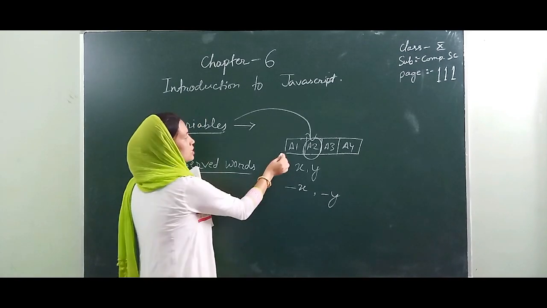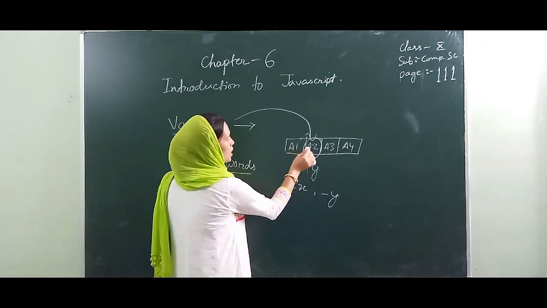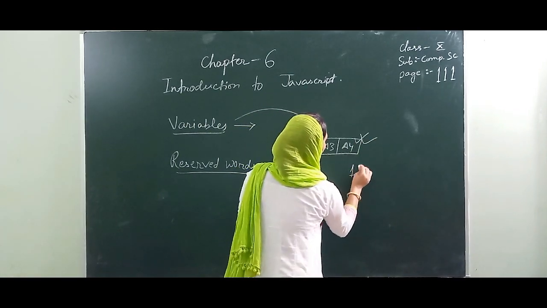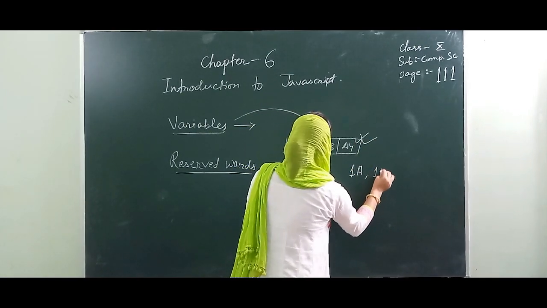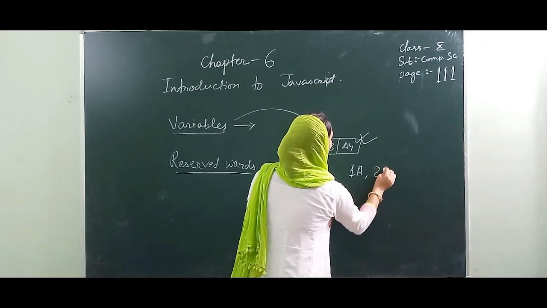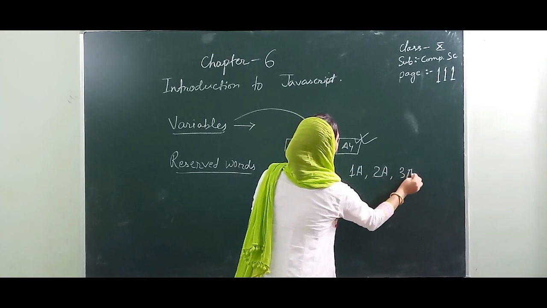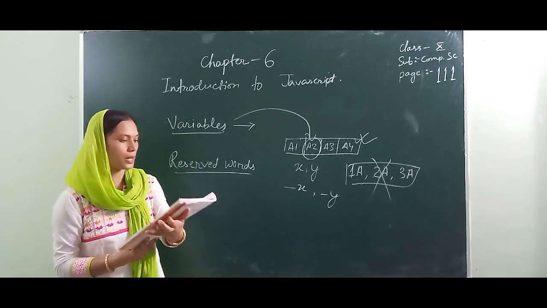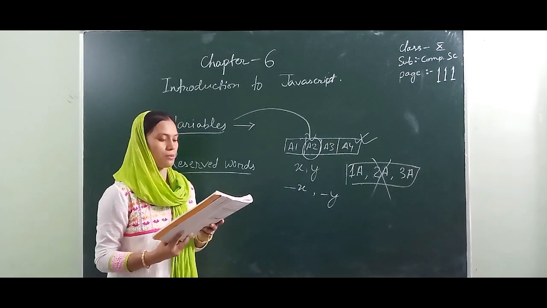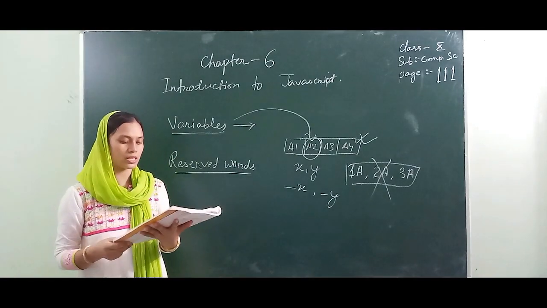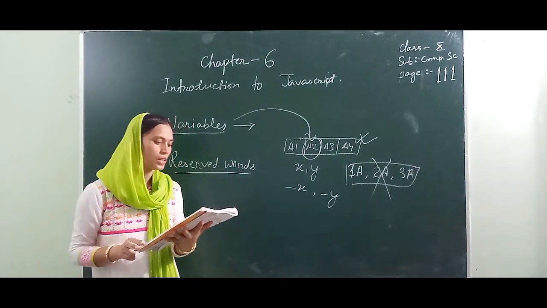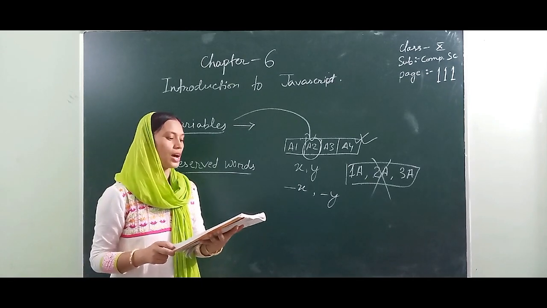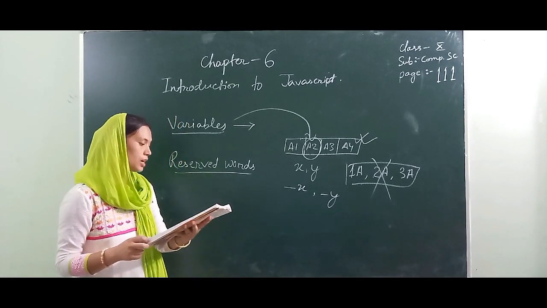You cannot start a variable name with a digit. A1, A2, A3 is correct, but if you write 1A, 2A, 3A, then these names are wrong. This is not possible in JavaScript or any script, whether it is JavaScript or VBScript. The first character is followed by a letter, digit or underscore character.